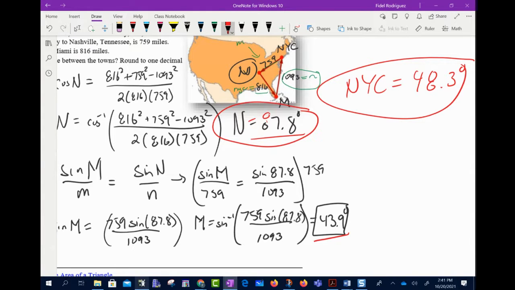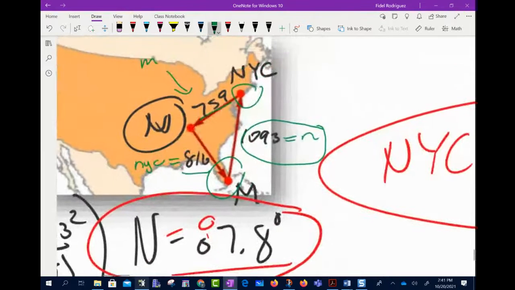Just something, y'all, this is just kind of an observation. I'm just looking at the picture and looking at the angles. Look at angle M and angle NYC. If I round up to the next whole number, 44 and 48. Just by looking at the picture, and again, this is just observation, doesn't this angle and this angle look to be almost the same?